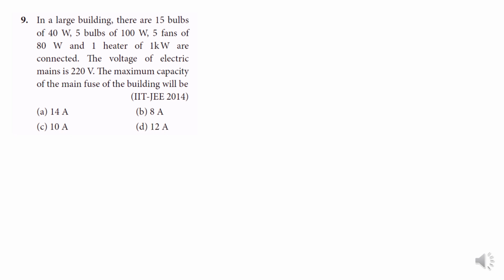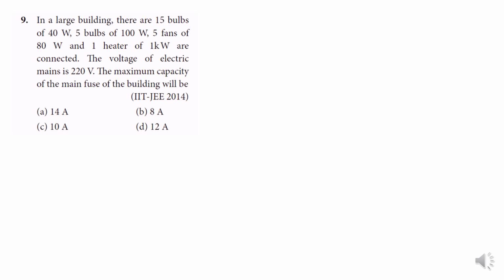See, the fuse capacity, as I have already mentioned, when the current is in excess, what gets fused is the fuse wire. So the capacity of the fuse is mentioned in terms of current, that is amps. Okay, so we are going to find the current flowing through the configuration.